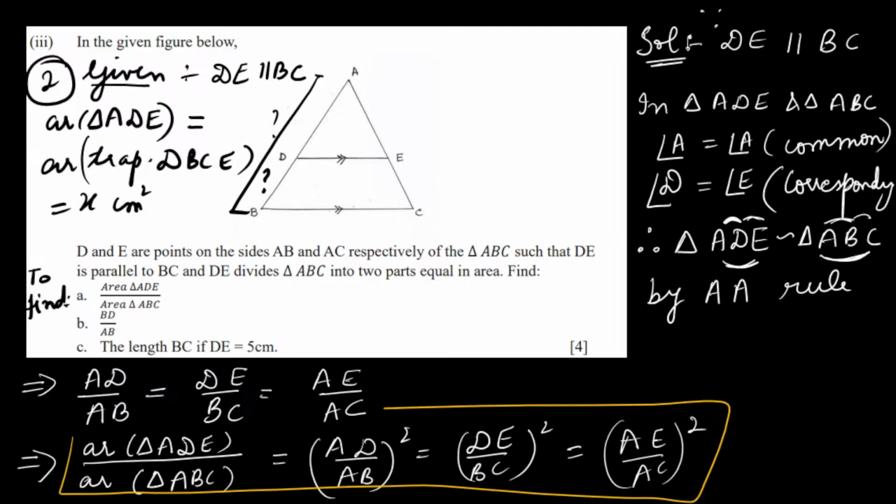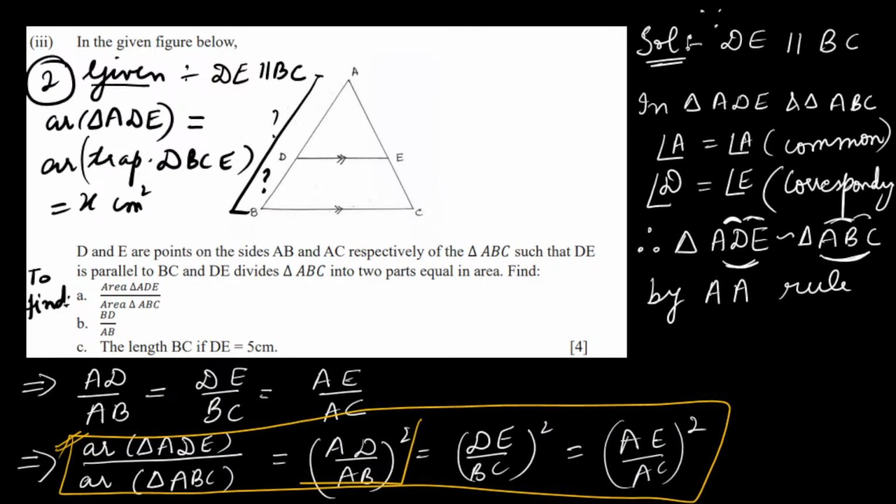We can make use of this result, but here I have the area of triangle ADE to area of triangle ABC, and AD by AB. I need BD by AB.